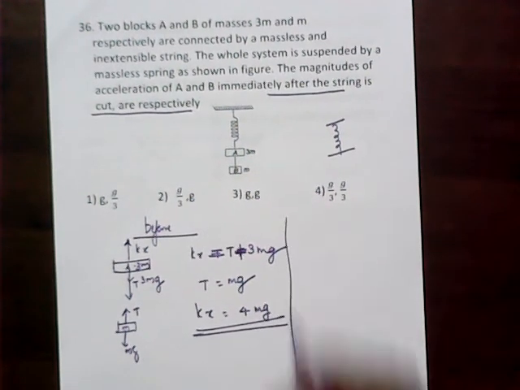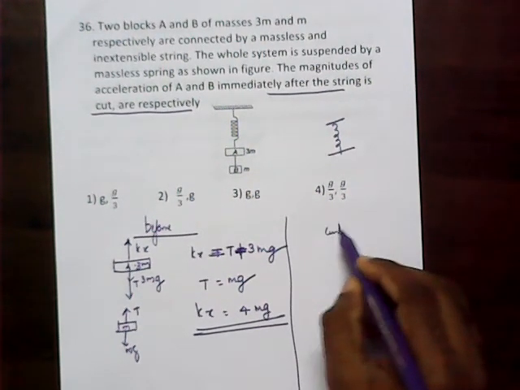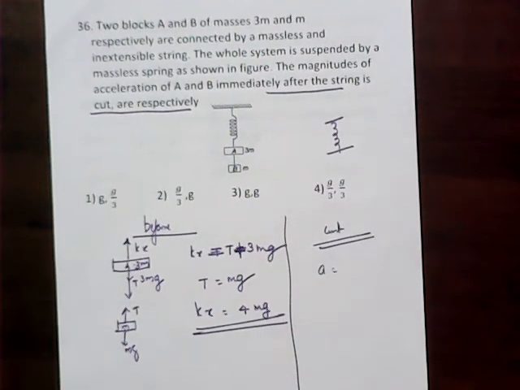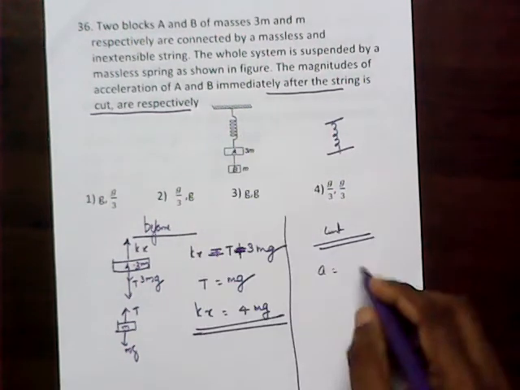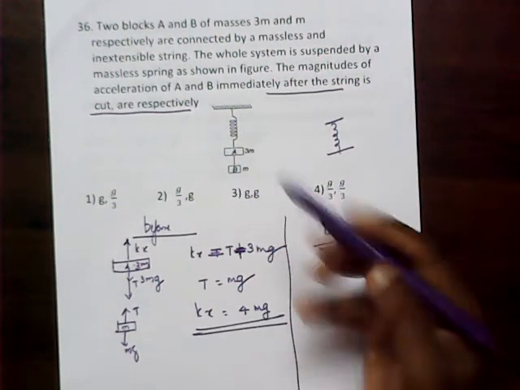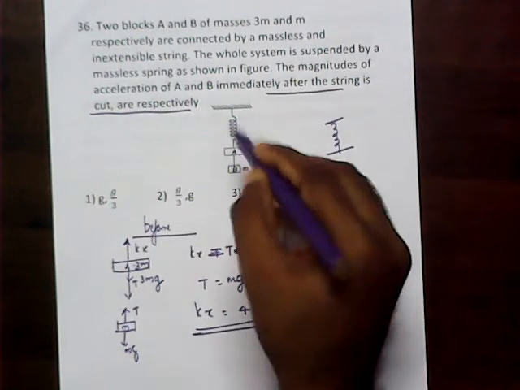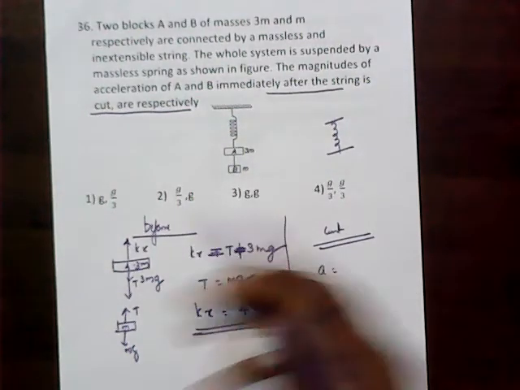Then what happens when it is cut? We want to find the acceleration. Acceleration is the net force by mass. The net force on 3m is the weight and the restoring force, so it must move in the upward direction.